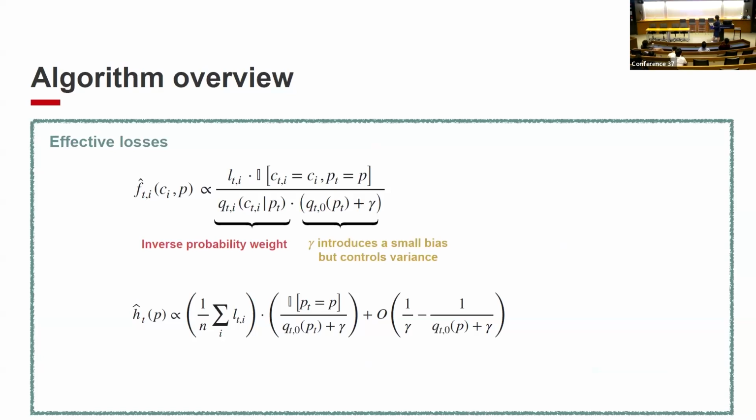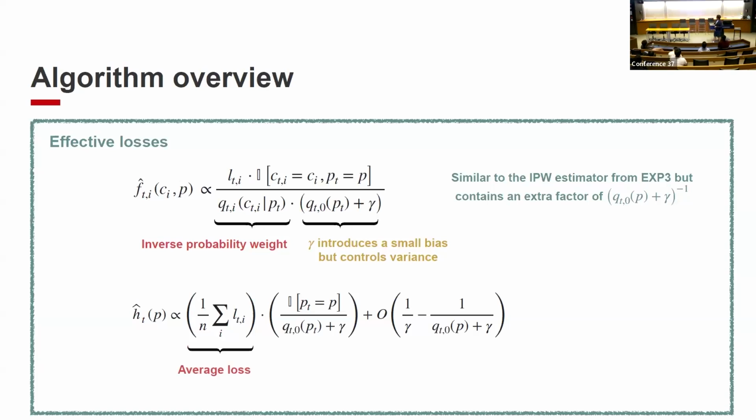But there's also a small parameter that prevents us from making it unbiased, which is gamma. It introduces a small bias, but it is essential to control variance from the other loss function. This looks like the IPW estimator from EXP3, but it contains the extra factor of Q_t^0 (p + gamma) inverse, and that gamma is very important.